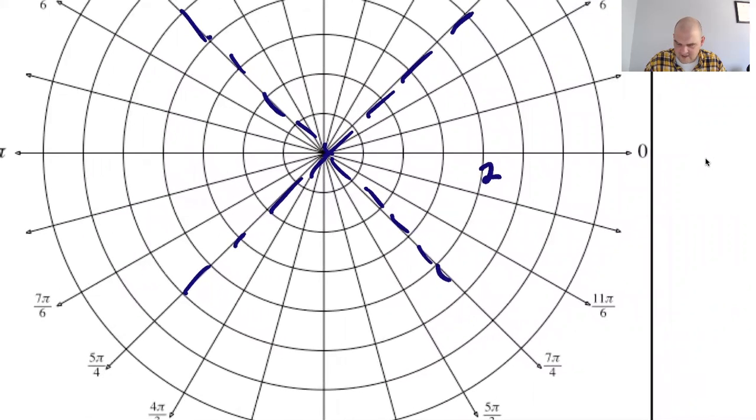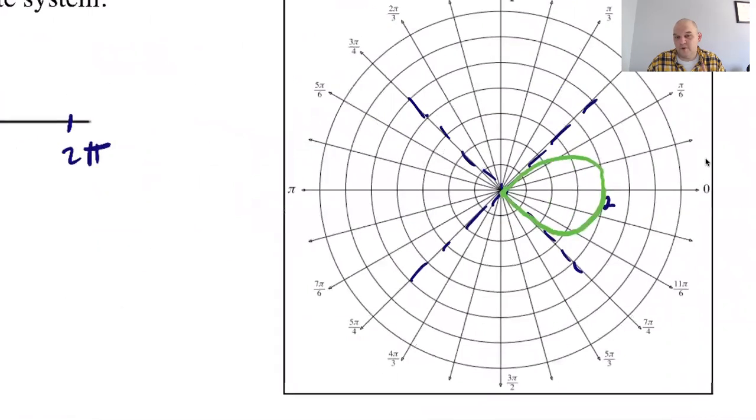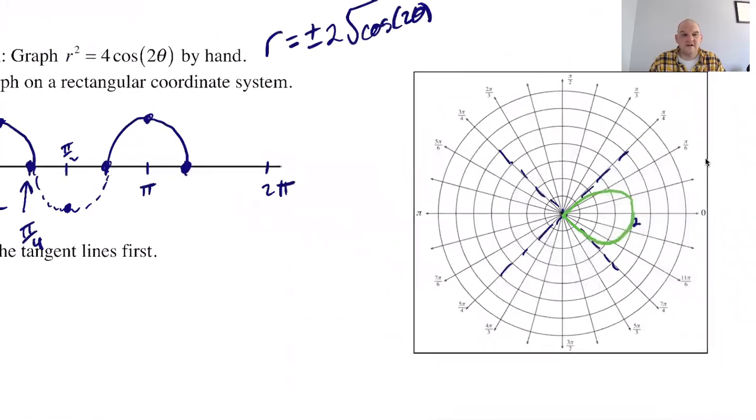So I'm first tracing, let me switch up my color. I'm going to start here, go like this, and then like this. And then you pause, and you do nothing between pi over 4 and 3 pi over 4.